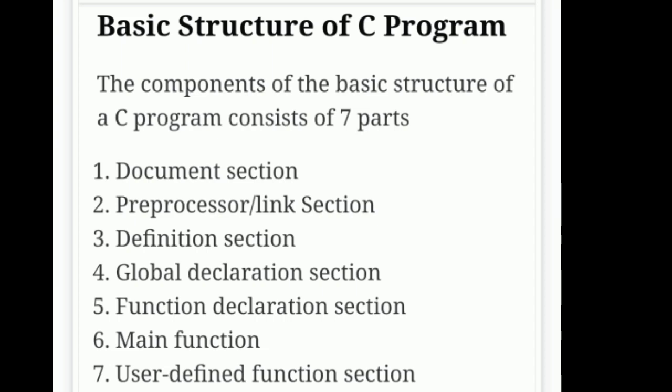What are the topics discussed here? In the basic structure we have 7 points. They are the documentation section, preprocessor section, definition section, global declaration section, function declaration section, main function, and user defined functions.